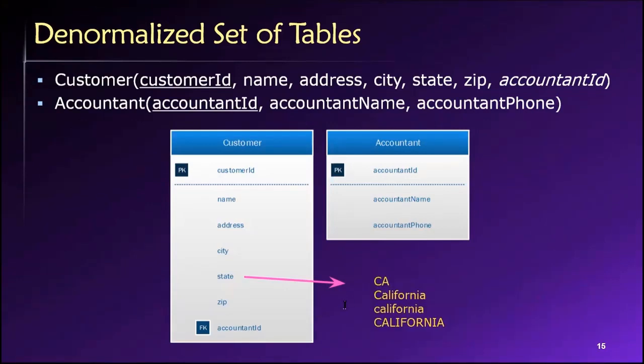So we can have the same problem with the state. And you can see how this introduces bad data into the database. I can no longer do something simple like, tell me how many customers I have that live in California, because in order for the database to answer that question, I would need to specify all of the different variations in spelling and capitalization for California in order to get a correct answer.